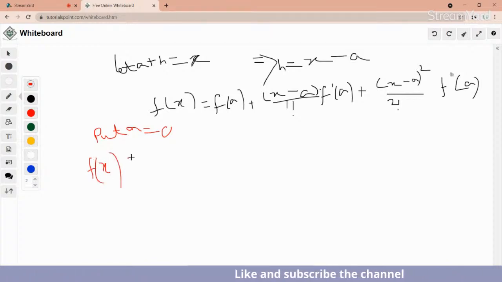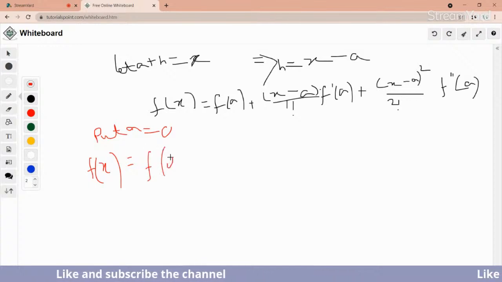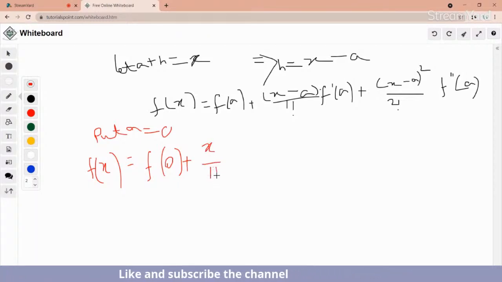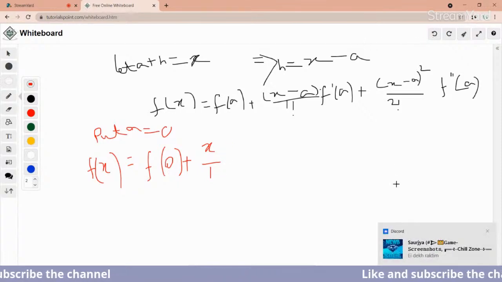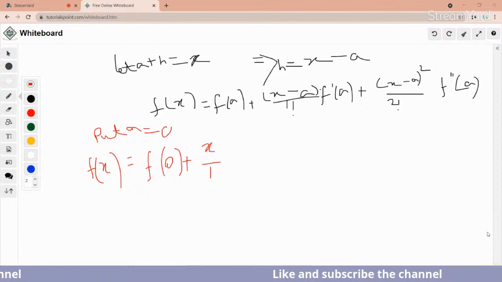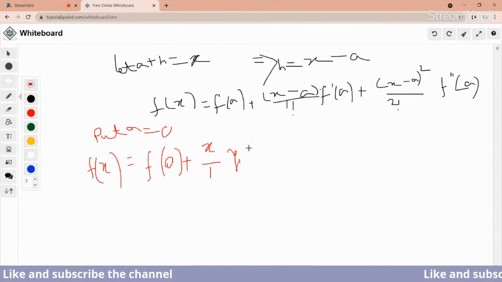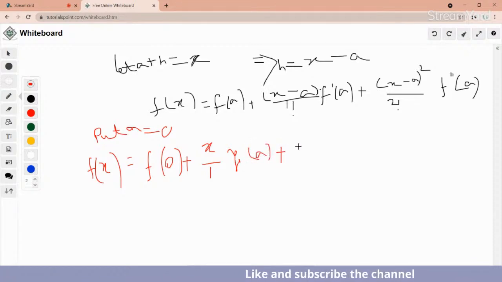So f of x will be equal to f of 0 plus x by 1 factorial y1a, it's too hectic to keep those dashes.